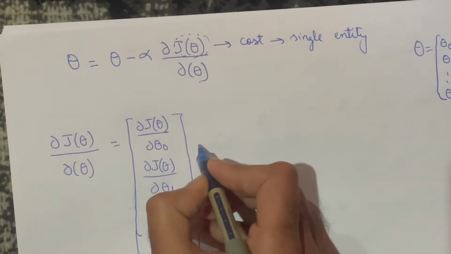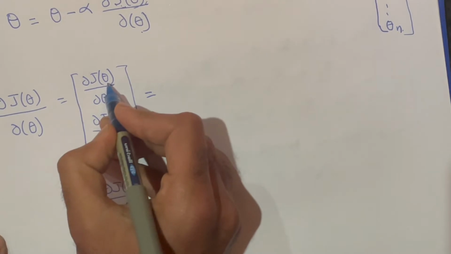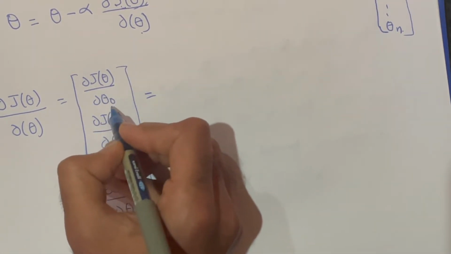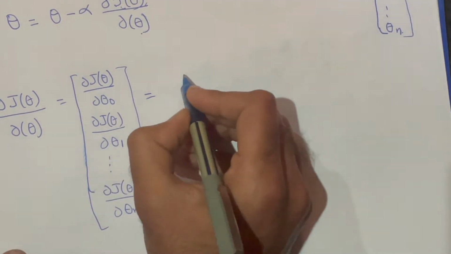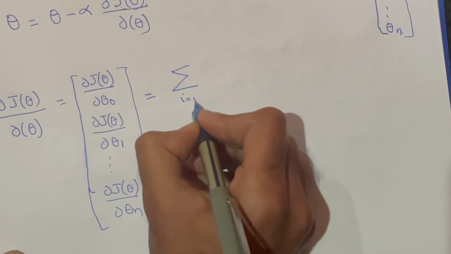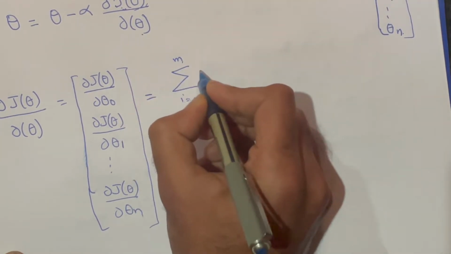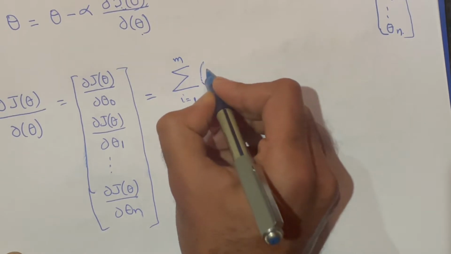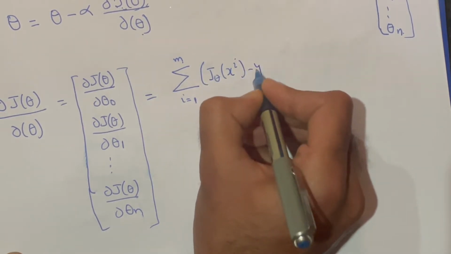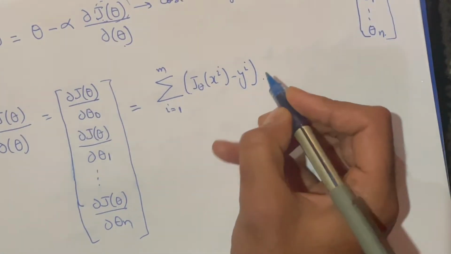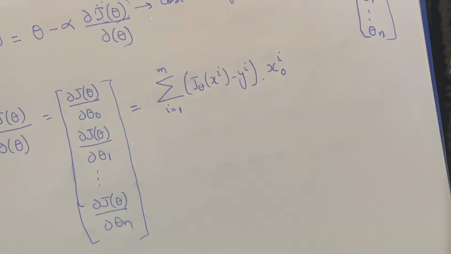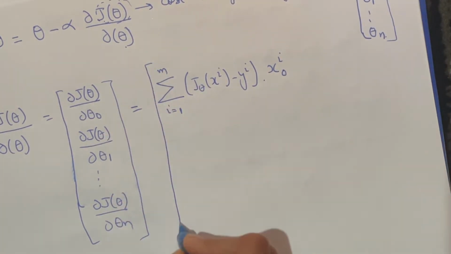Okay, we already know that differentiation of J theta with respect to theta j is equal to summation i running from 1 to m, h of theta x i minus y i, into x i j. Here j is 0. Okay, this will be the first quantity.